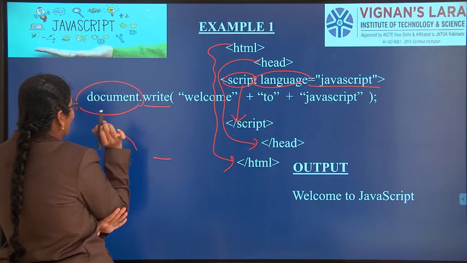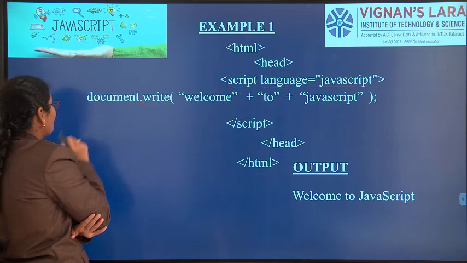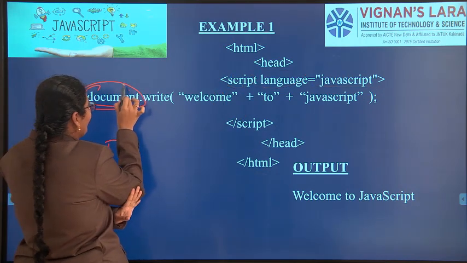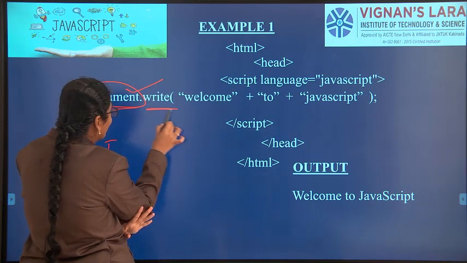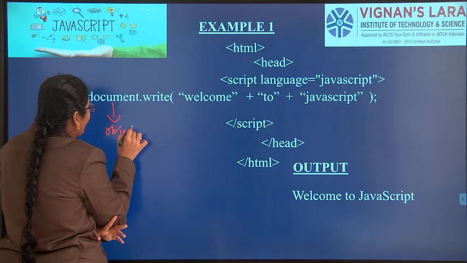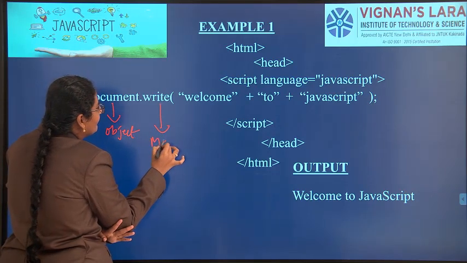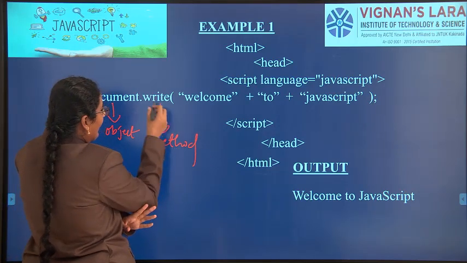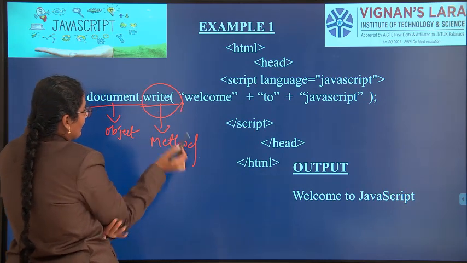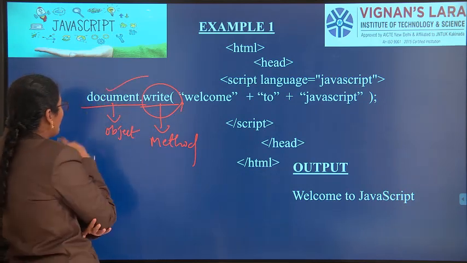Document is the object, and write is the method name. If you want to work with the write method, you should have the document object.